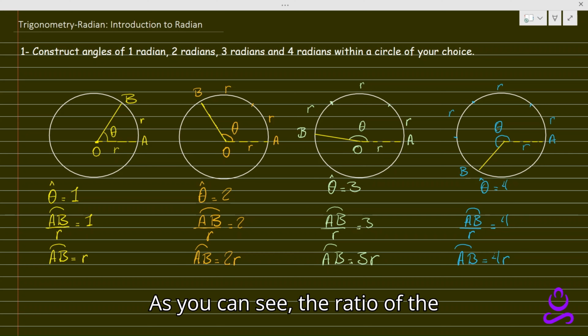As you can see, the ratio of the arc length to the radius in any circle is, in fact, the measure of the angle theta in radians.